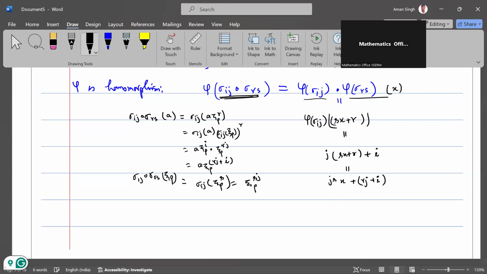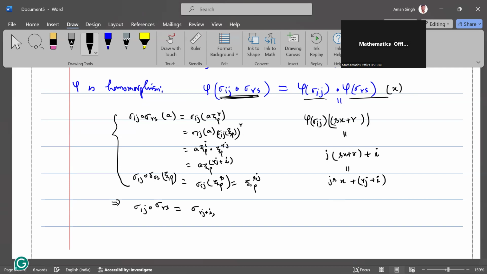So this calculation implies that sigma_ij composite with sigma_rs is the same as sigma of (rj plus i, sj).